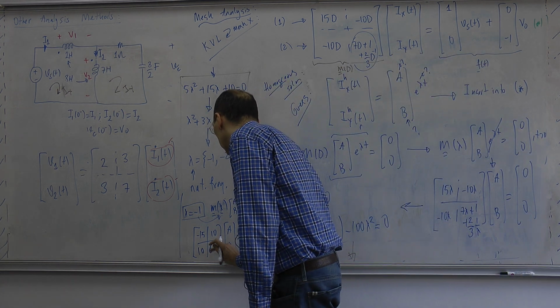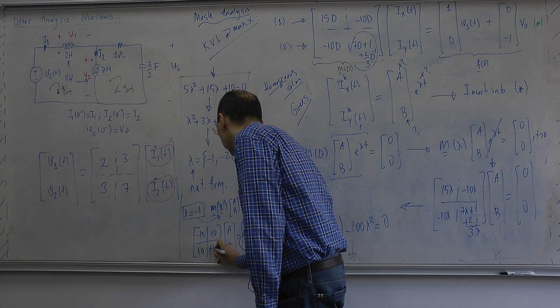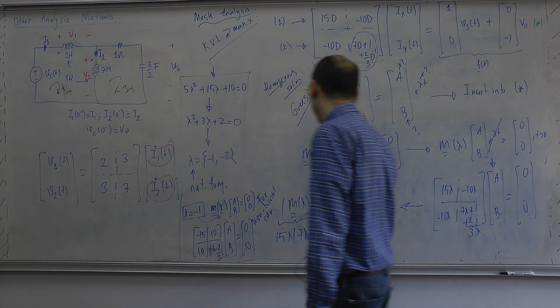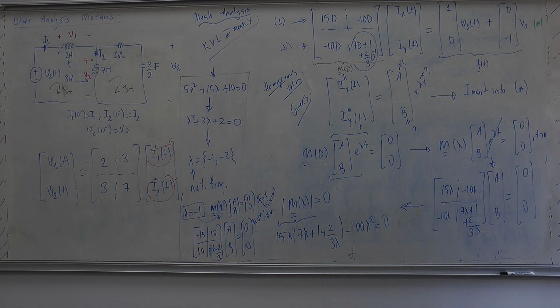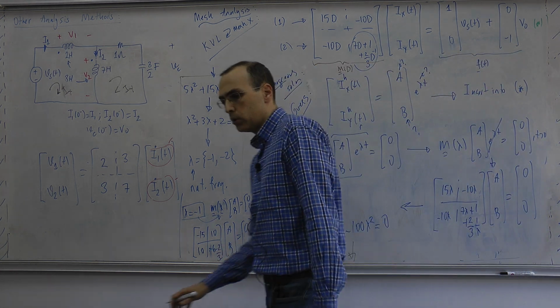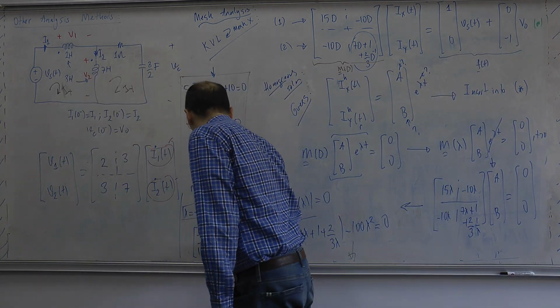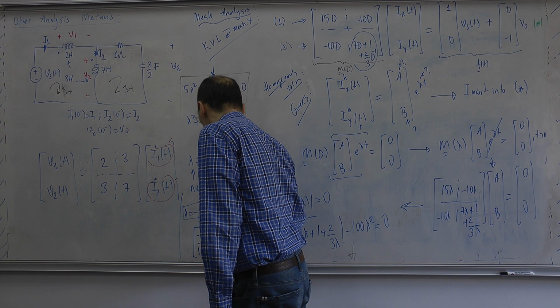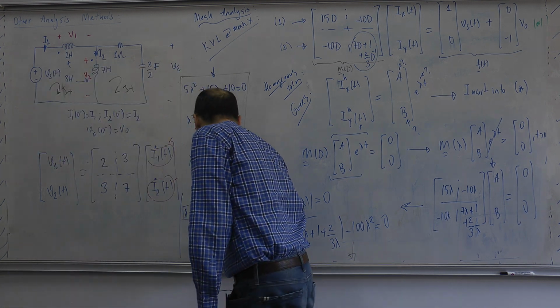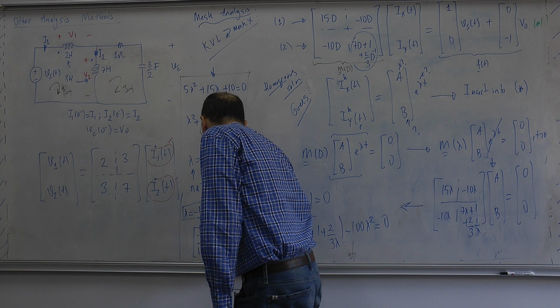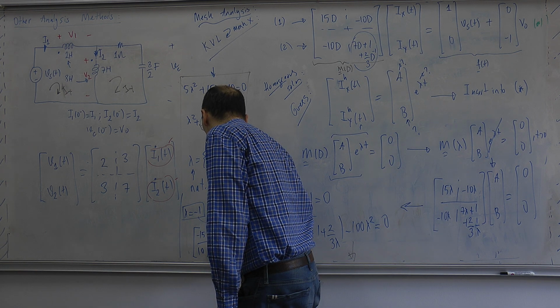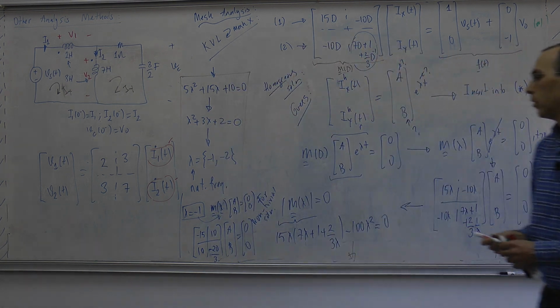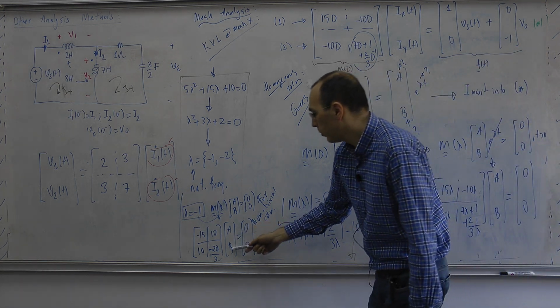So this is 6 minus 6 minus 2 over 3. Am I right? Okay. So minus 20 over 3 then. So let's erase this. Minus 20 over 3. Now, of course, A is equal to 0, B is equal to 0.